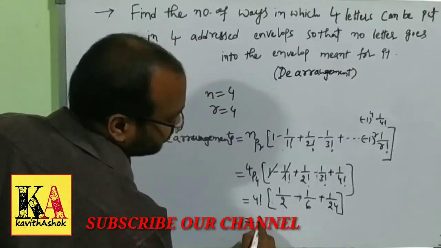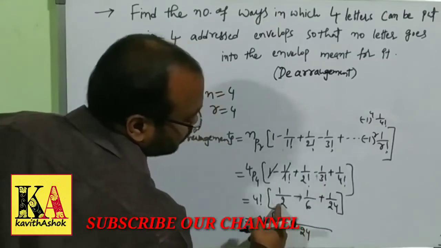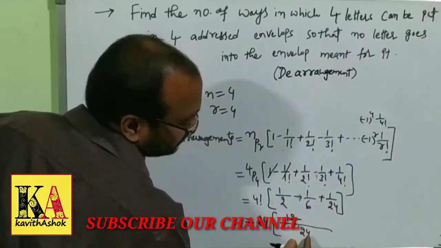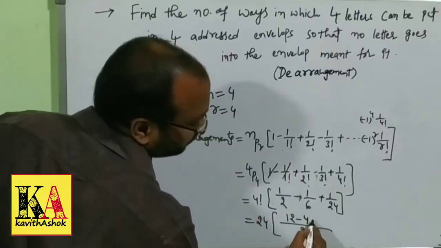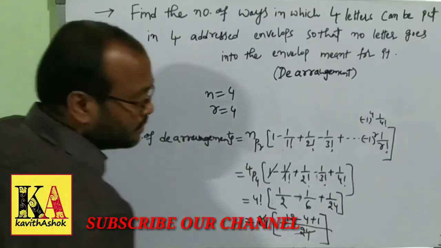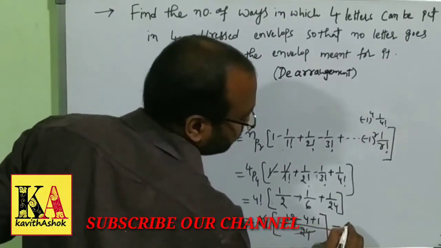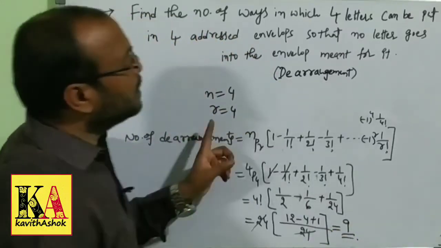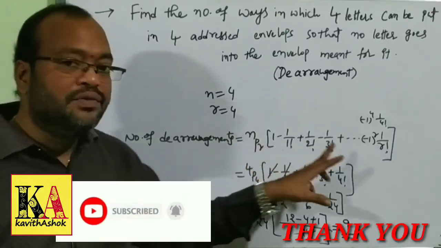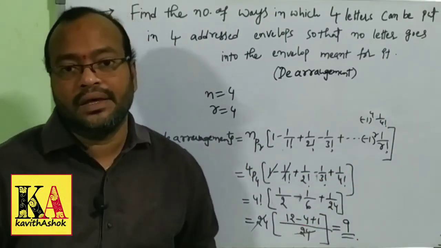Again 4 factorial in the sense 24. 24 is the LCM. 2 12s are 24, so 12. 6 4s are 24, so 4. 24 by 24 is 1. This is equal to 12 minus 4 is 8, 8 plus 1 is 9. So the number of derangements is equal to 9. So in MSET also, just write down the formula and replace the values, and we can get the answer. Is it clear? Thank you very much.